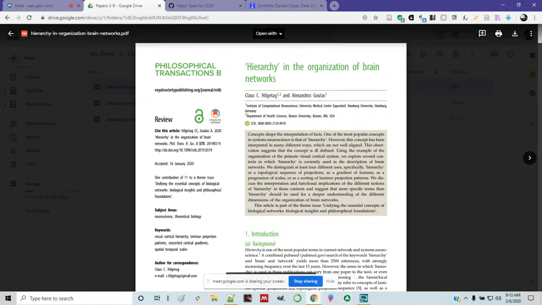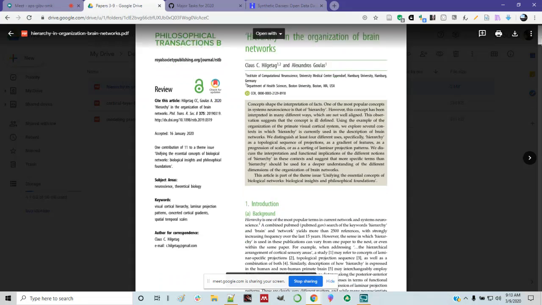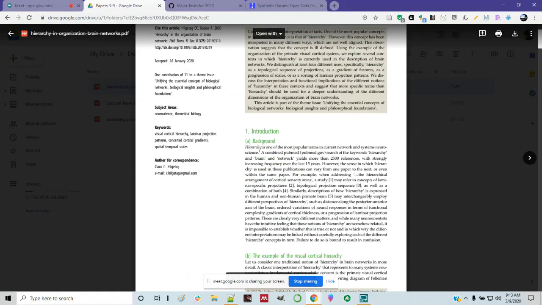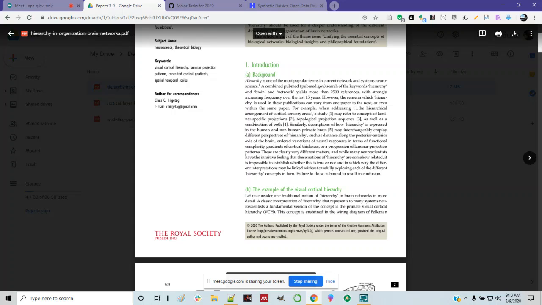So this paper clarifies, I think, at least some of this, and grounds us in terms of what we mean when we use a term like hierarchy, and gives you a clearer picture of that. Hierarchy is one of the most popular terms in current network and systems neuroscience.